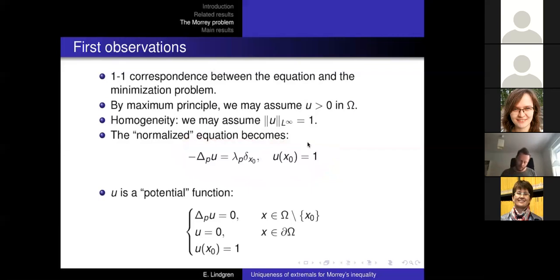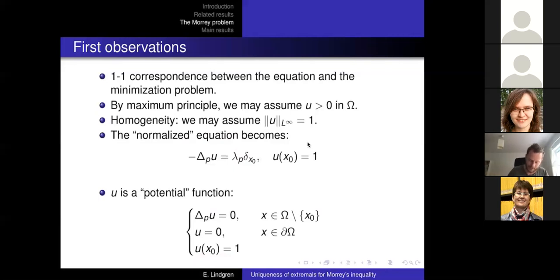But this question is really about saying that there is only one choice of x0 that gives this potential function the proper Rayleigh quotient. Note that for any x0 we can solve this problem, but it's not clear that any potential function solves it. The lambda that would pop out if you compute the equation will depend on where you put your point x0.